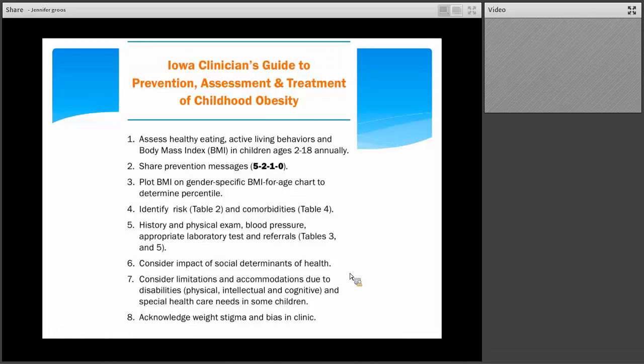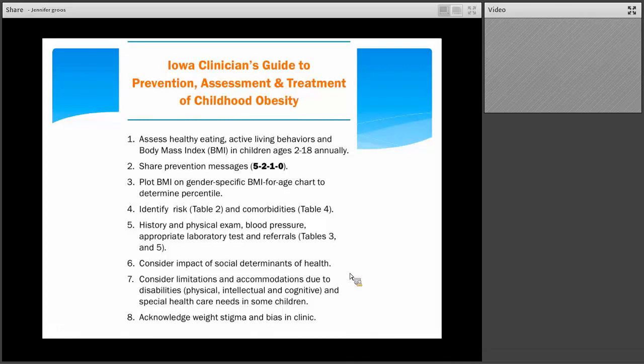And we know that we can't do that in our clinic alone. So at the end of this lecture, we'll be talking about different community resources. And so the whole goal of that is connecting families to opportunities for increasing contact hours to focus on these healthy habits outside of our clinic to really augment the great work that we have on trying to get folks moving down this pathway.